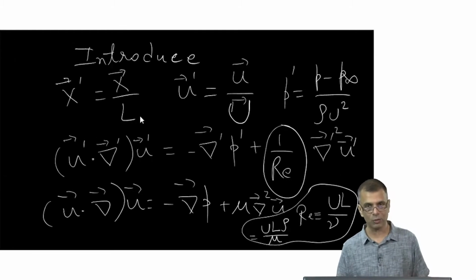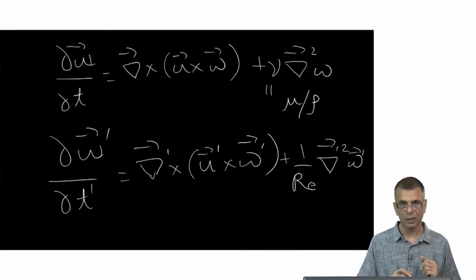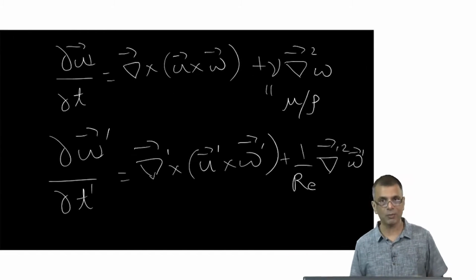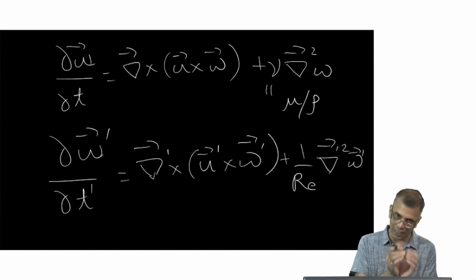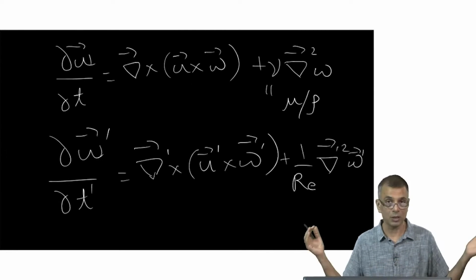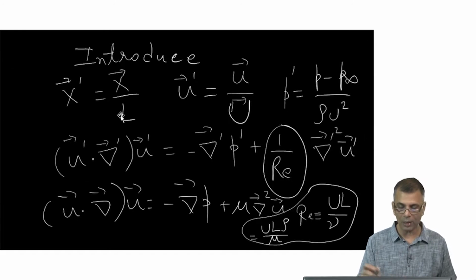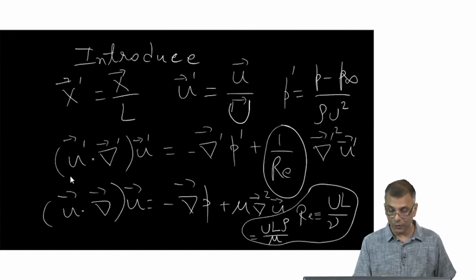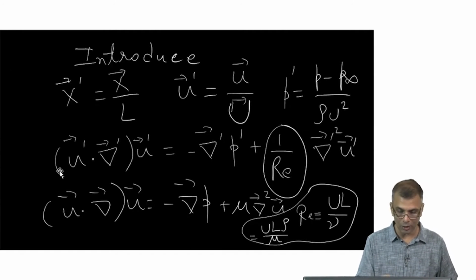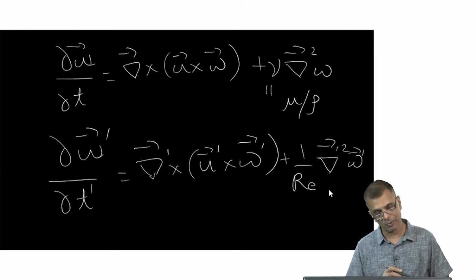Or in another situation, if you're talking about a geometrically similar object with much larger dimensions. In other words, the object is exactly similar to your miniature model, but the dimensions are much larger. The dimensions are 10 meters, for instance. All you've got to do is plug in capital L equals 10 meters. But this dimensionless equation here, this one and this one, remains the same.